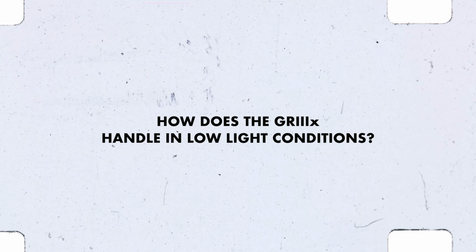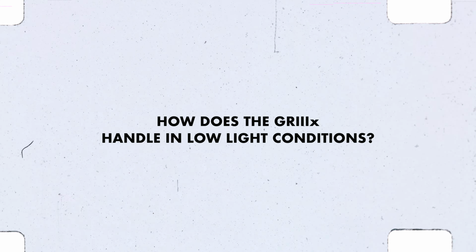How does the GR3X handle low light conditions? Now, some say that the GR3X's sensor is a little noisy when shooting in low light, and I can attest to that. It's not great. We do, as I've said, have great image stabilization, and that does help to a degree, but you need to be shooting in a brightly lit, low lit situation.